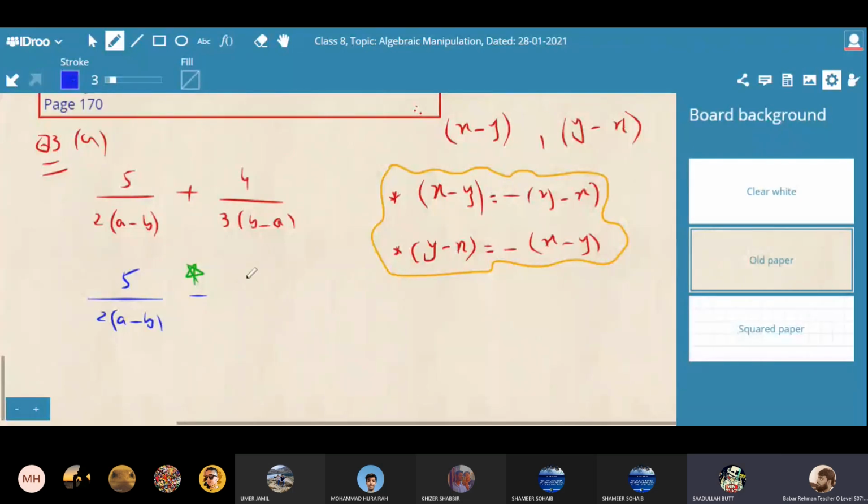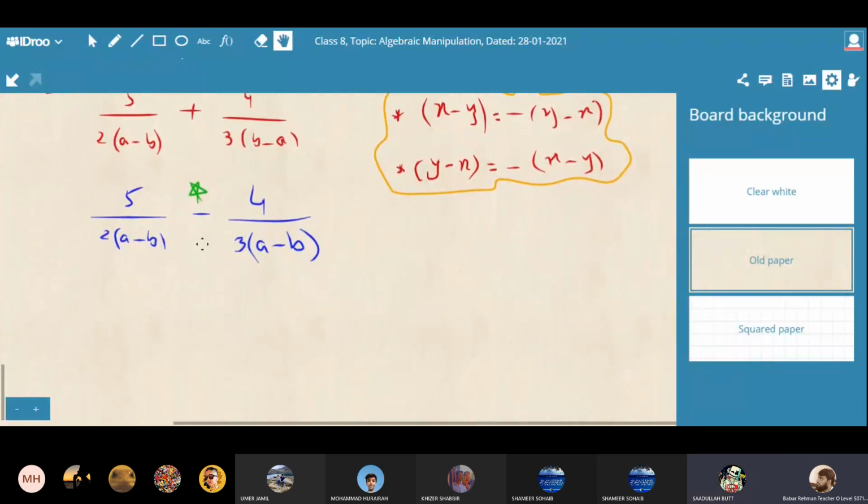And what about this one? 4 upon, can I write now a minus b? Mute your mic. Rest of the students, please mute your mic. By making the denominator the same, what should I do? Students, your input is required now. Hurry up.